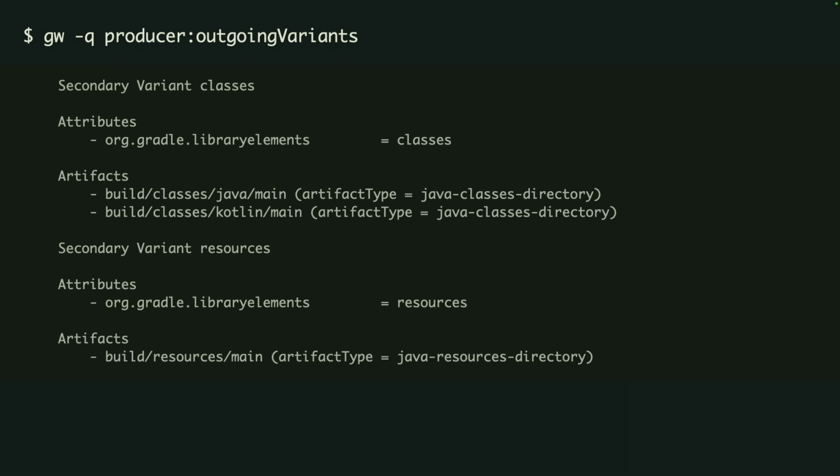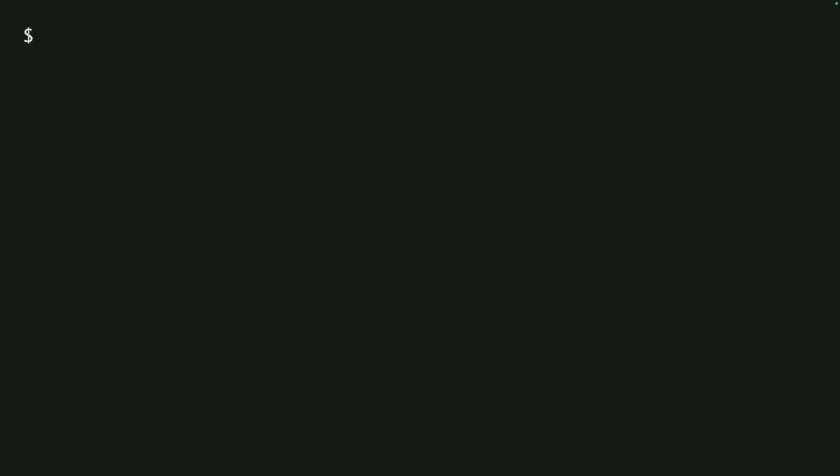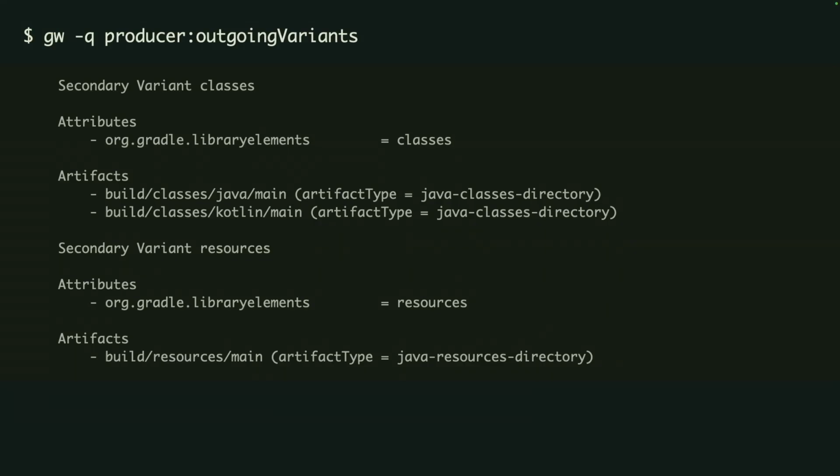I'm pointing out here the uniquely identifying ones. If you're the classes variant, your library elements attribute is going to be classes. If you're a resources variant, your library elements attribute is going to be resources. Okay, cool. And then also, what does it produce as an artifact? If you can grok this out of the last 5-10 minutes, you just unlocked a superpower.